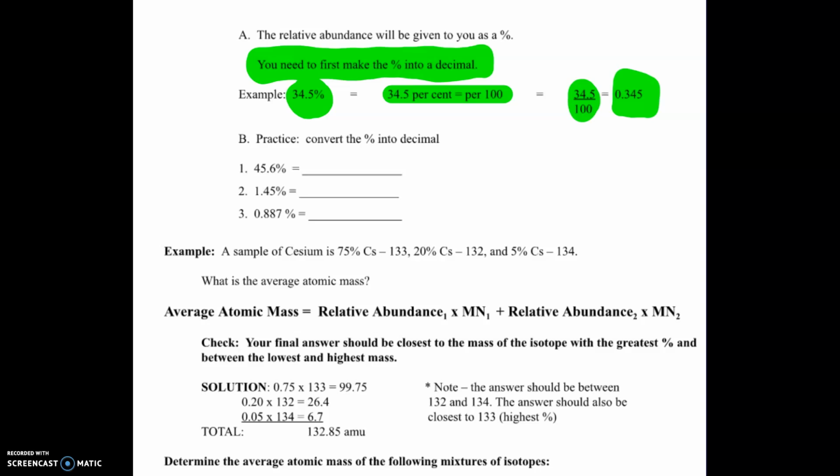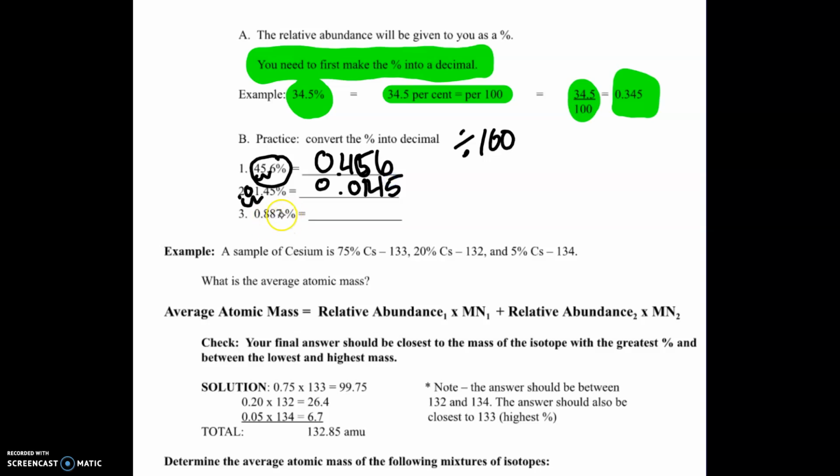So we're dividing by 100. We can either actually type this into your calculator and divide it by 100, or you can move the decimal places, 2 places to the left. So this will be 0.345. This will be, now be careful on these small ones, 1, 2. That means I got to put a 0 in, so 0.0145.